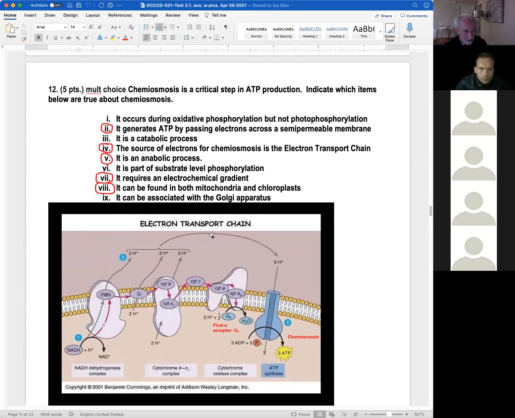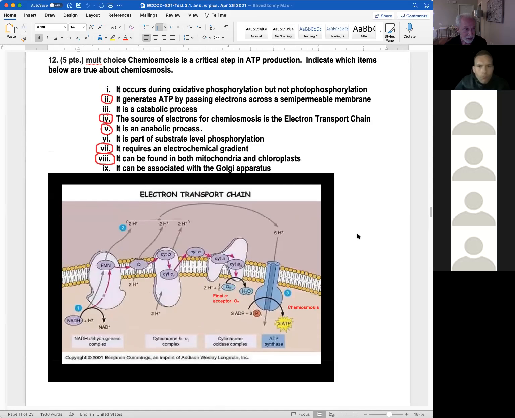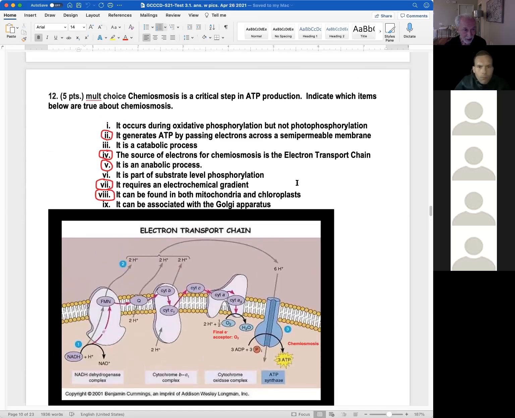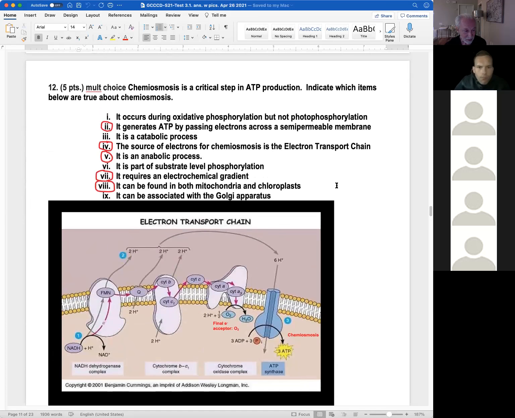And it can be found in both mitochondria and chloroplasts. This has been mentioned already in the course, but we're going to talk a lot more about its occurrence in mitochondria when we talk about respiration. So anybody have a question about electron transport chain and chemiosmosis? Chemiosmosis is the last step in electron transport.